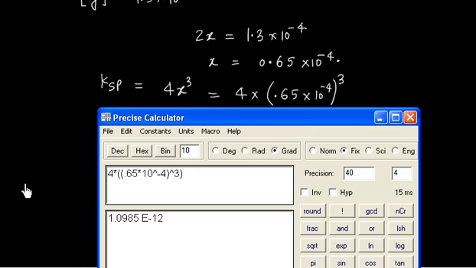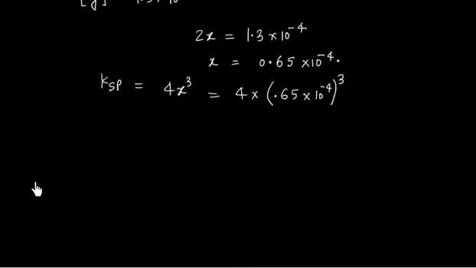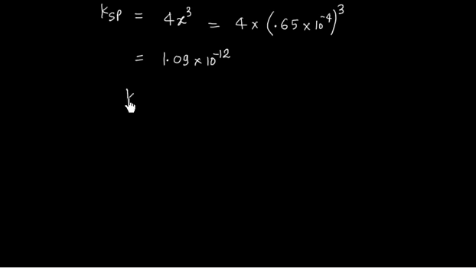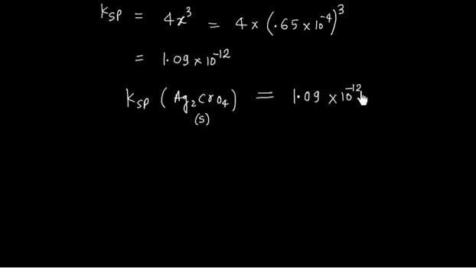So this is 1.09 × 10^-12. So this value is 1.09 × 10^-12. So Ksp for Ag2CrO4, that is a solid insoluble salt, is equal to 1.09 × 10^-12.